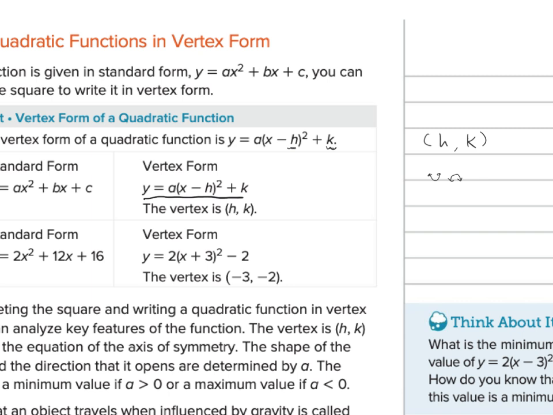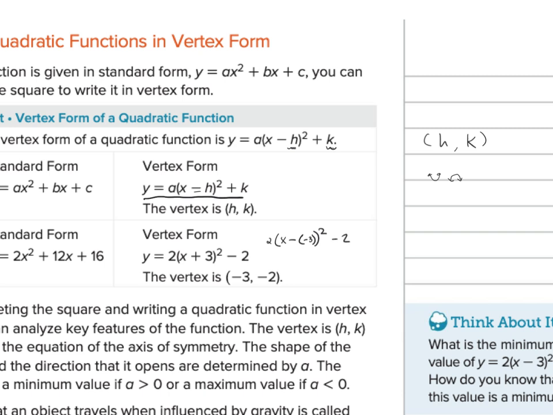But just being able to get to this point is really the goal of getting to the location of the vertex. So looking at that, and you can see here in this example that when I have 2 times x plus 3 squared minus 2, this is going to be negative 3, because again, this formula is a, or in this case, we'll just say it's 2 times x minus a negative 3, because the formula calls for a minus, so in order to get a plus 3, we had to have minus a negative 3.